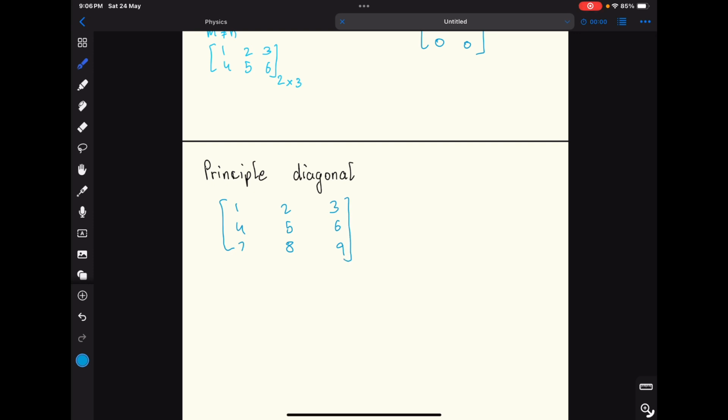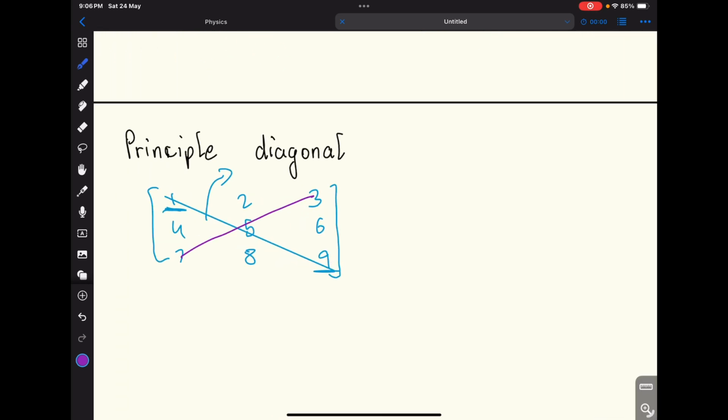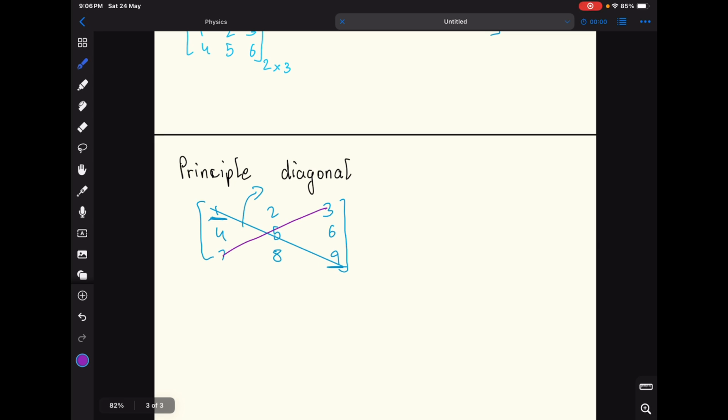Now the line beginning from the first row, first column element, that means 1, to the last element of the last row and last column, that means 9. If we connect the line from 1 to 9, this line is known as the principal diagonal. It is only from the first element of the first row and first column to the last.